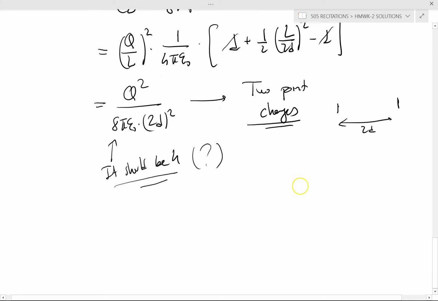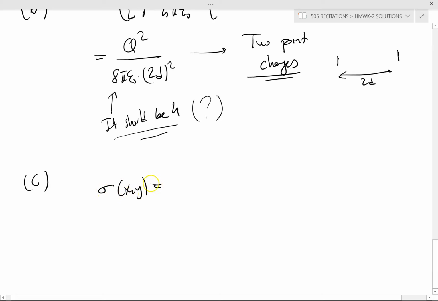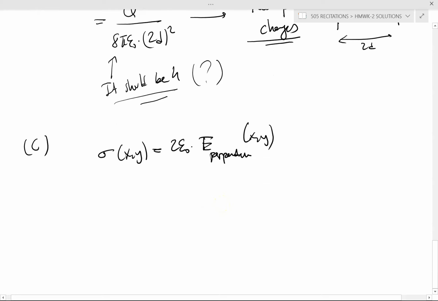Okay, what about the C part of this problem? This is the B part. On the C part of the problem, we would like to see the surface charge density, and surface charge density in this case can be expressed as 2E0 E perpendicular to the surface, and E perpendicular to the surface can be found out by again the very same integration or the potential, etc. I will not go over it here. I will just write down the equation.